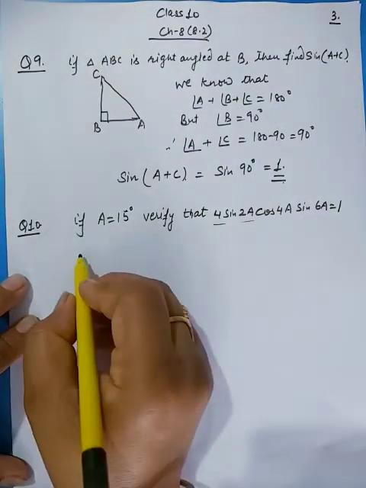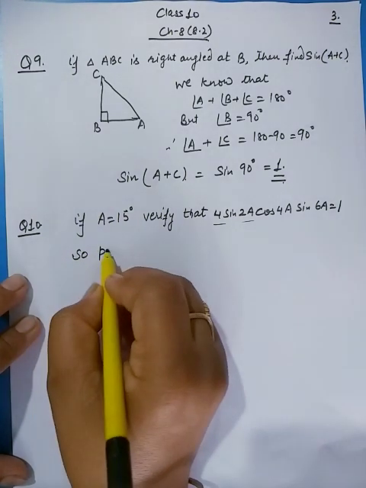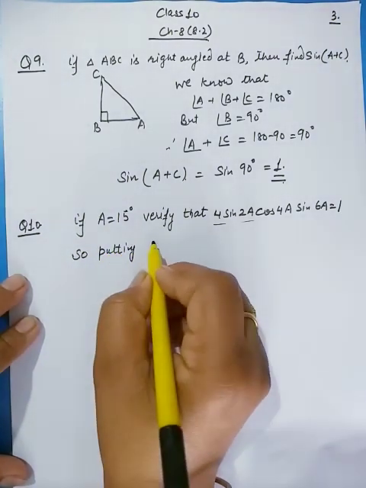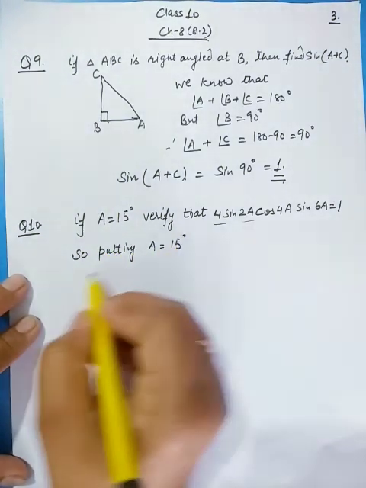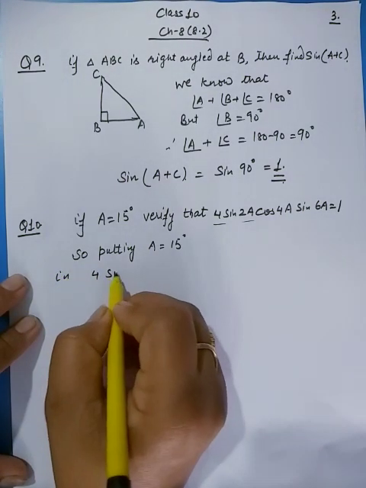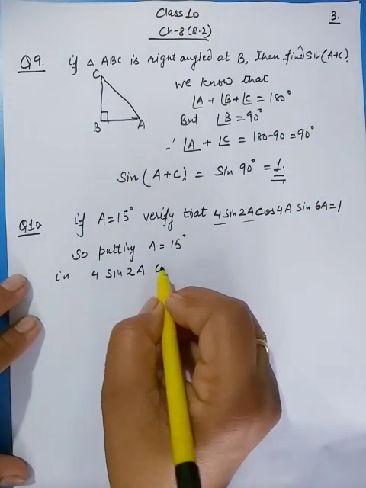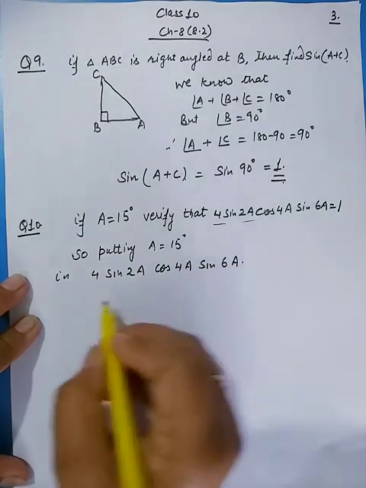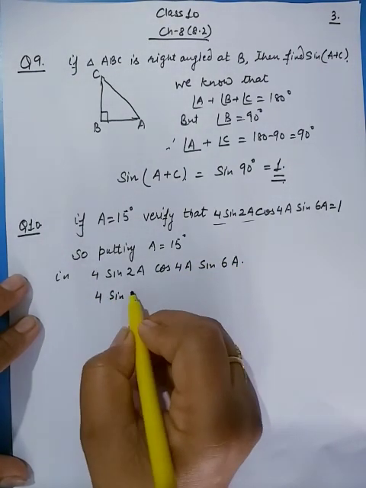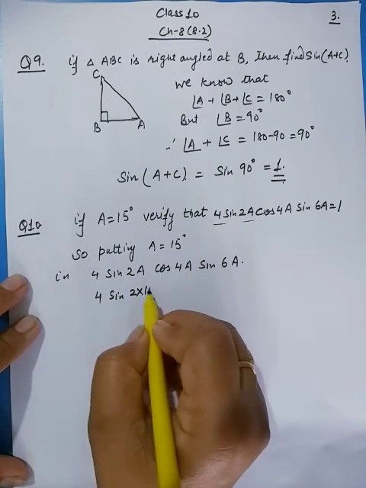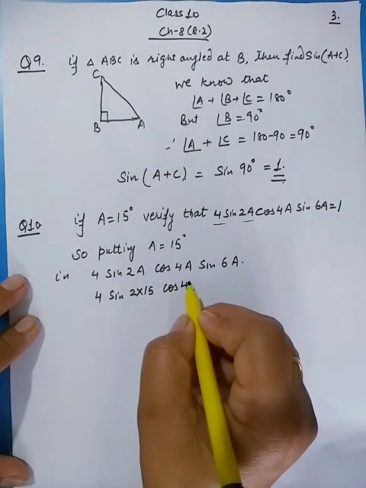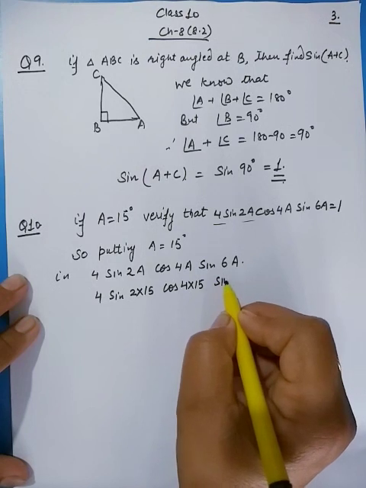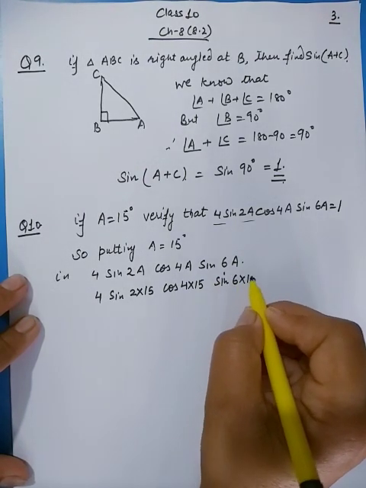Here A is 15, so putting A is equal to 15 degree in 4 sine 2A, cos 4A and sine 6A, it will become 4 sine 2 into 15, cos 4 into 15 and sine 6 into 15.